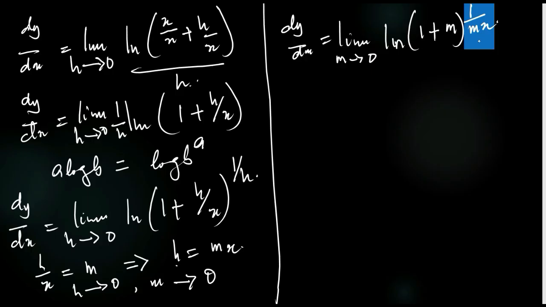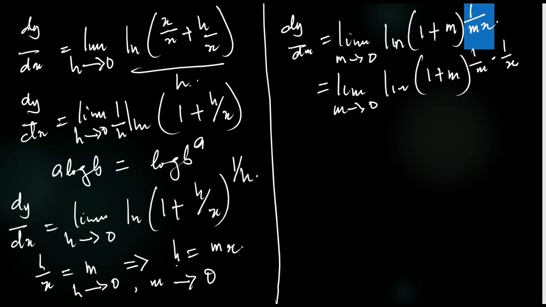Since m and x are multiplying each other, I rewrite this as the limit as m tends to 0 of ln of 1 plus m, raised to 1 over m, times 1 over x.